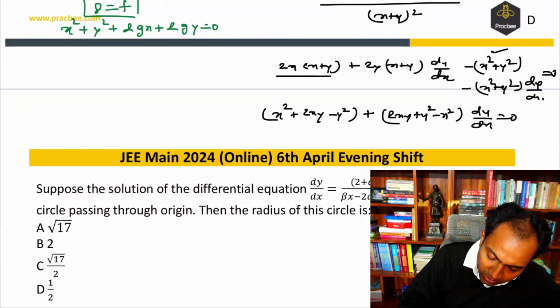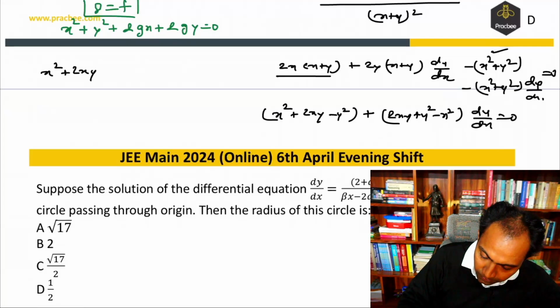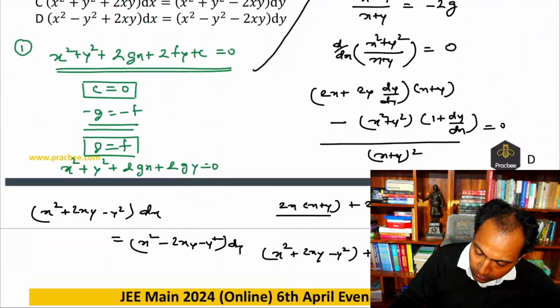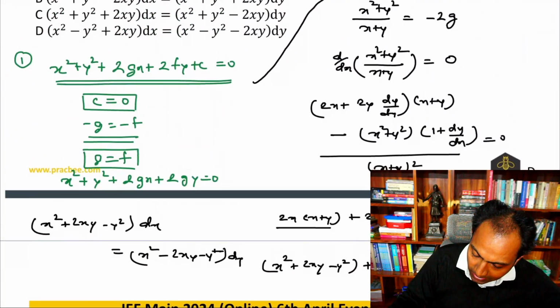So this can be written as, in turn, x square plus 2xy minus y square into dx is equal to x square minus 2xy minus y square dy. If I check the option, you can clearly see that my D option matches.